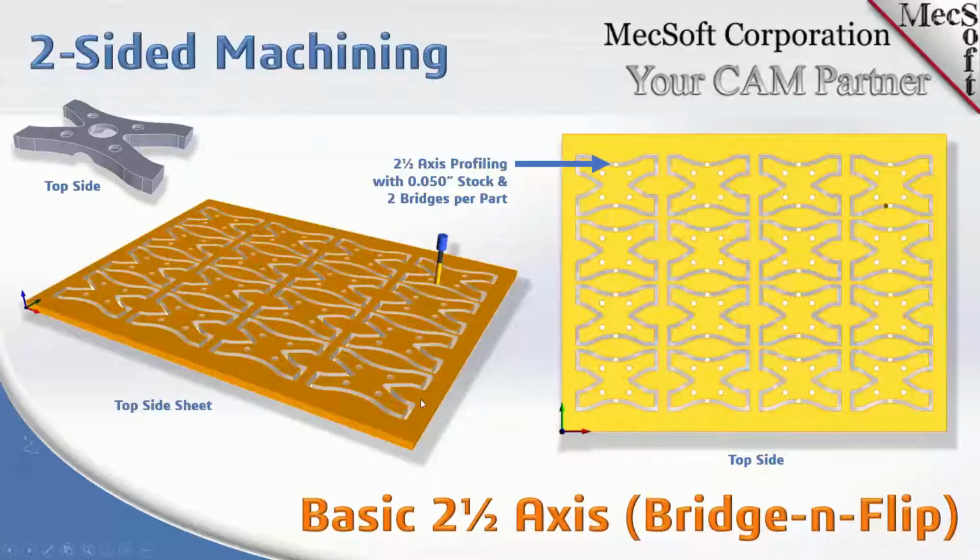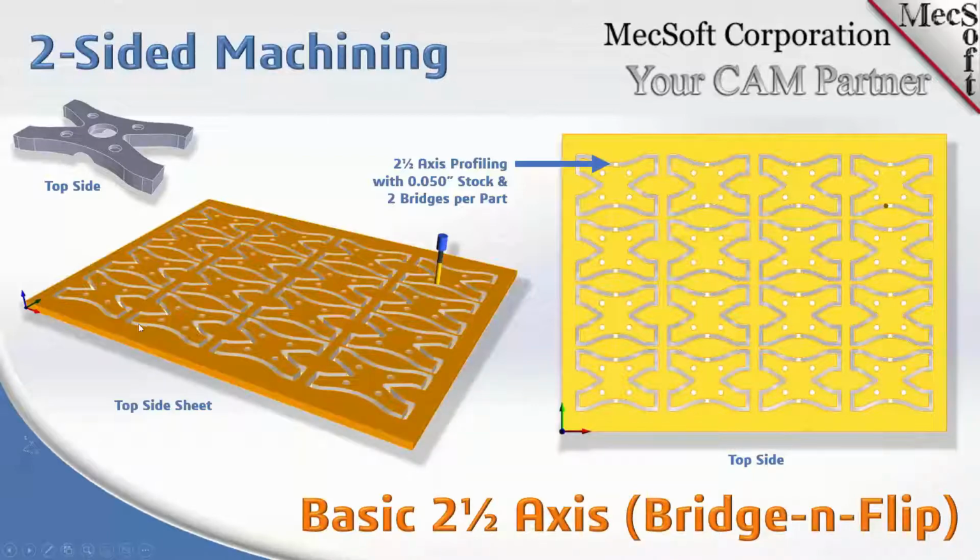But you really need to have it aligned in the X and the Y also. These techniques will only work properly if your part and your stock are aligned, because when you flip that over, you've got to have the same condition on the opposite side versus the top side.